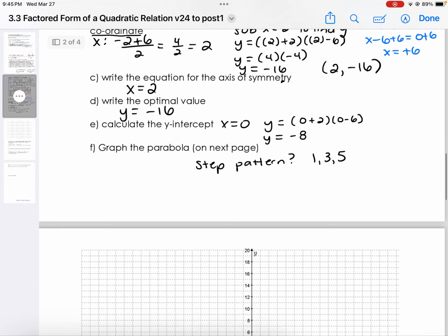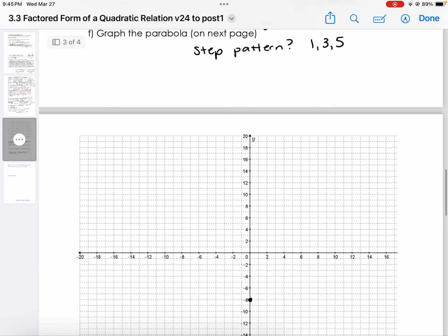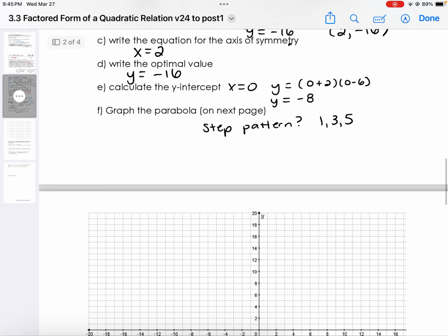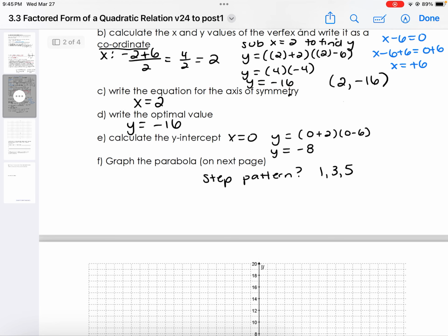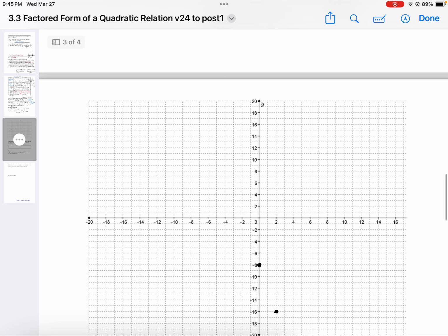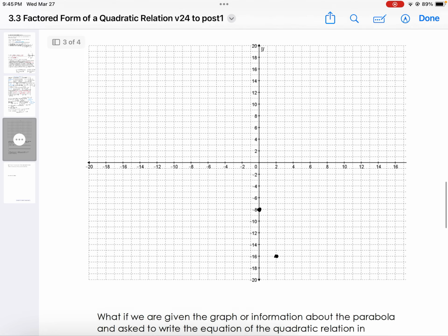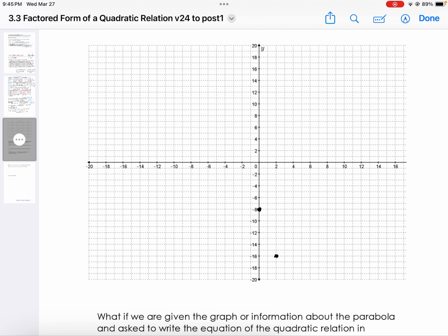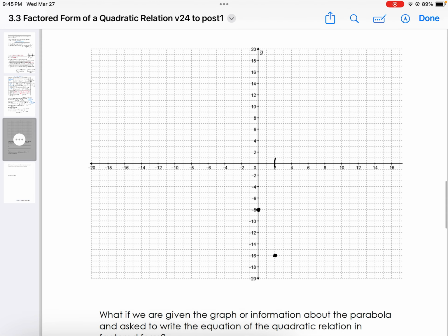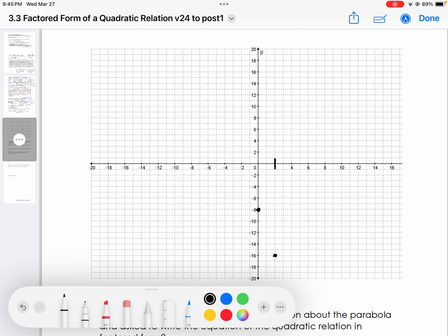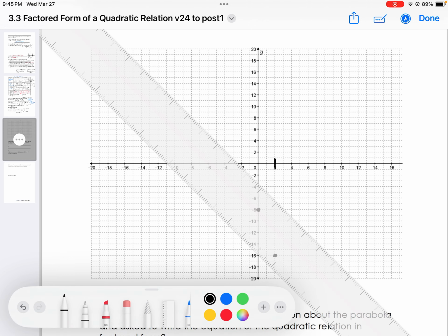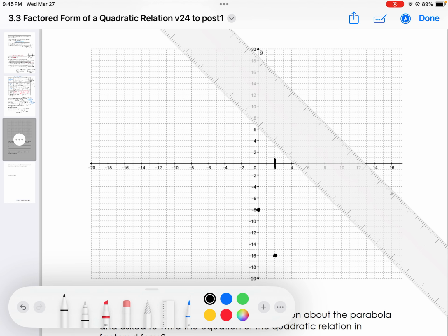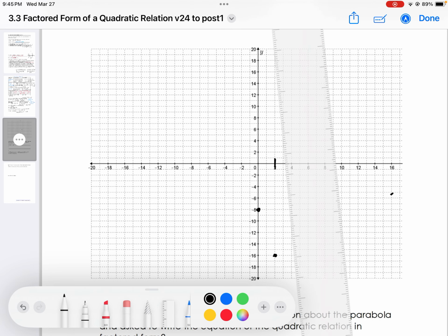Okay, so yes, we want to use that step pattern, but you do have to be careful. So making sure that there is symmetry is important. Your parabola should be symmetrical around x equals negative 2. Oh, maybe I can draw a line on here. Oh, look at this.